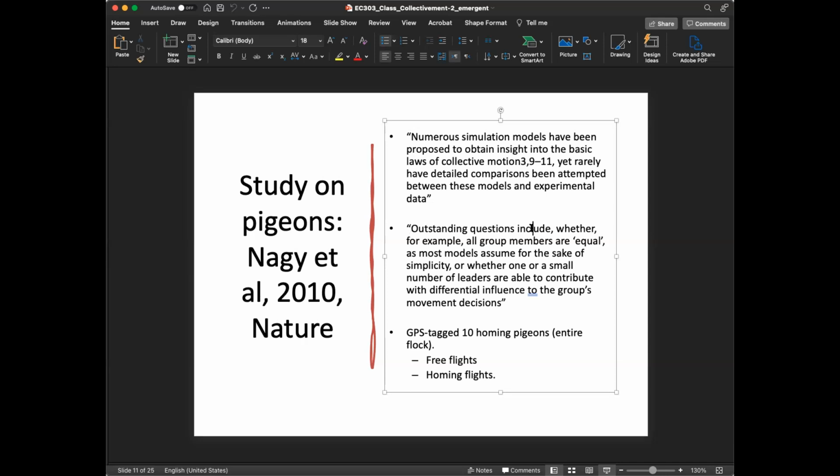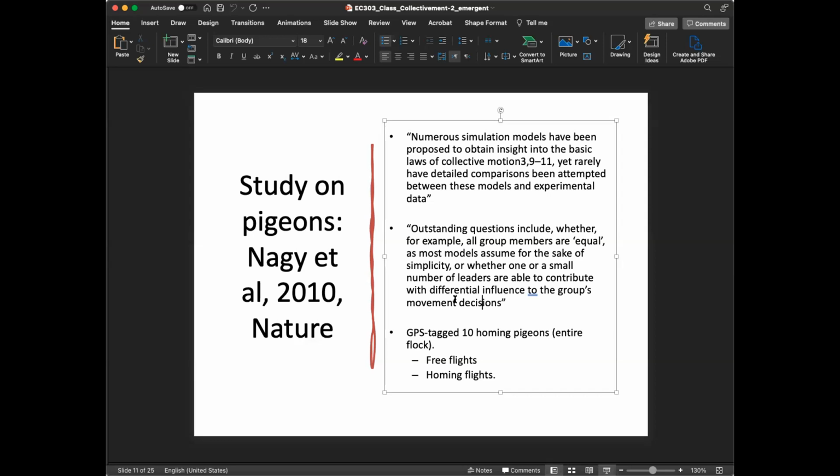Outstanding questions include whether, for example, all group members are equal, as most models assume for the sake of simplicity, or whether one or a small number of leaders are able to contribute with differential influence to the group's movement decisions." I told you that one of the assumptions of the Vicsek model is that all individuals are identical, and that was true in the Couzin model as well.